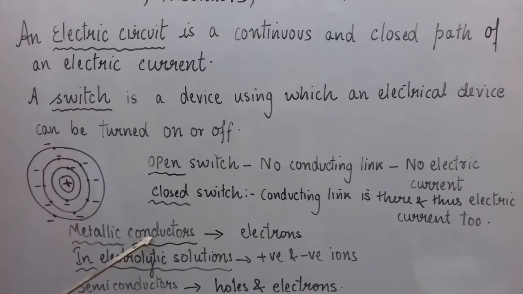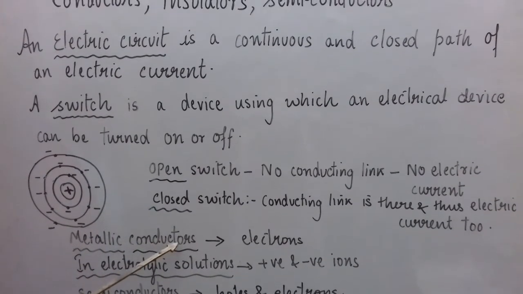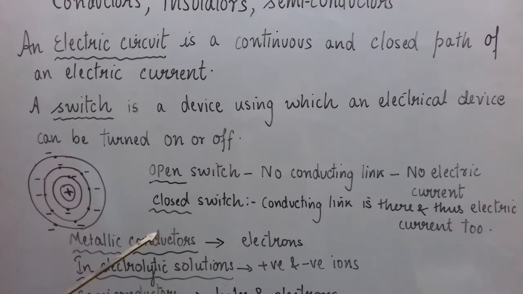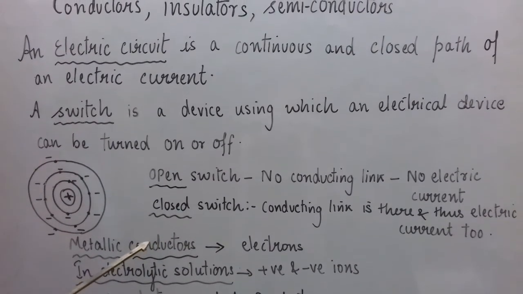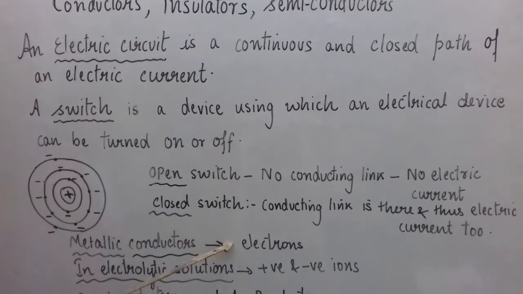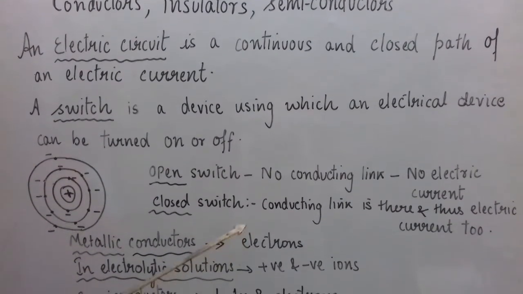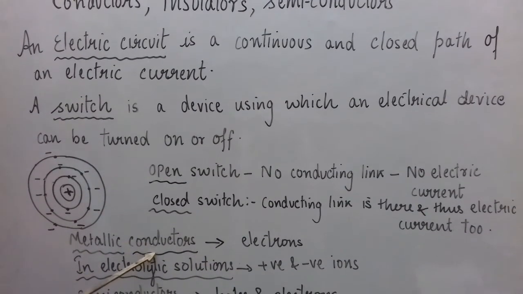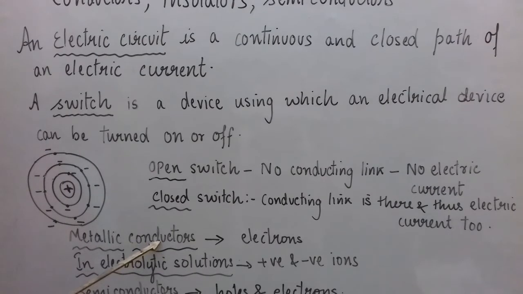In metallic conductors, when electric current flows, we know electric current flows due to the flow of charges. And which charge will flow now? Electrons. So negatively charged electrons flow through the metallic conductor, constituting an electric current in the conductor.